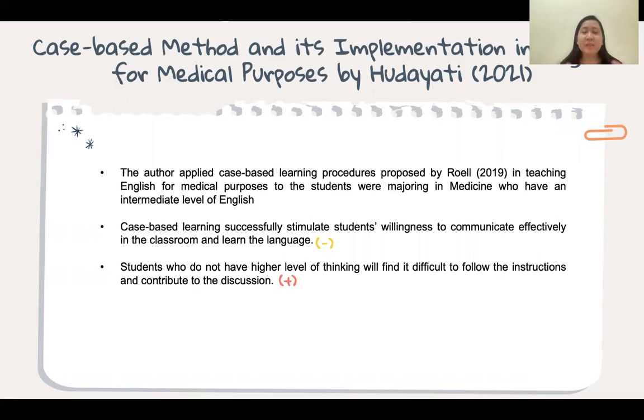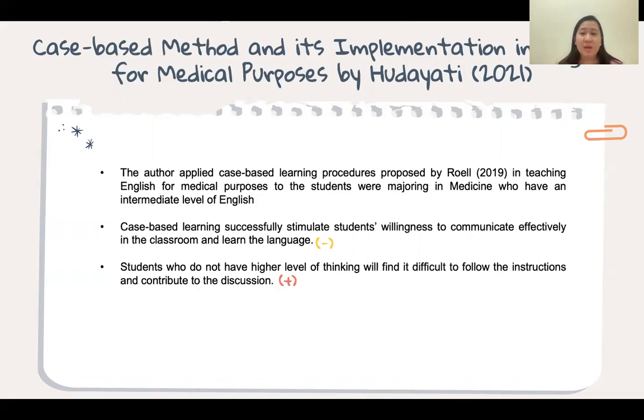In this study, the author applied the case-based learning procedure proposed by Rule 2019 in teaching English for medical purposes to students majoring in medicine who have an intermediate level of English.